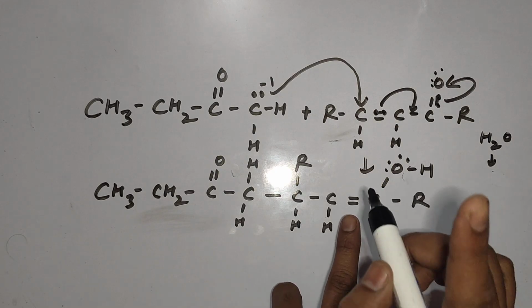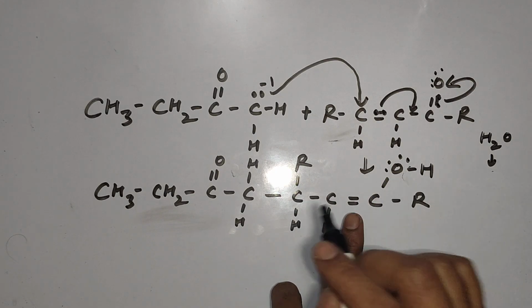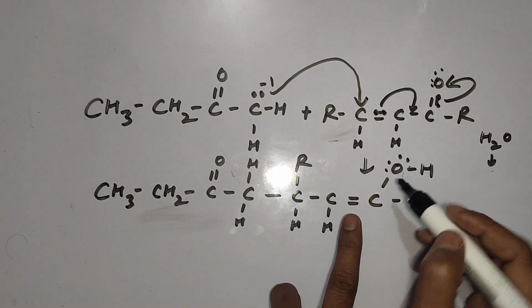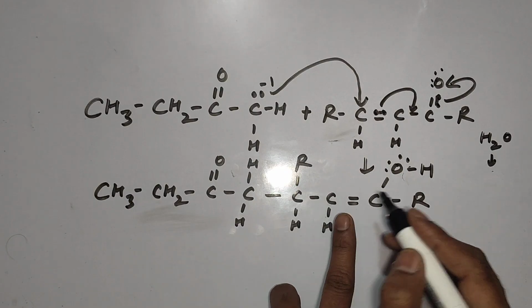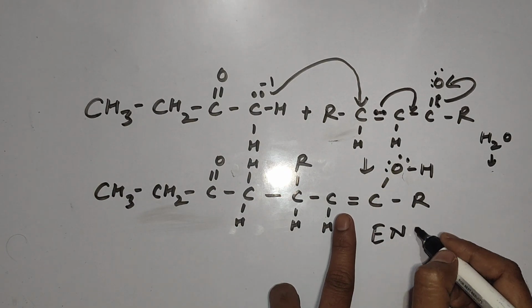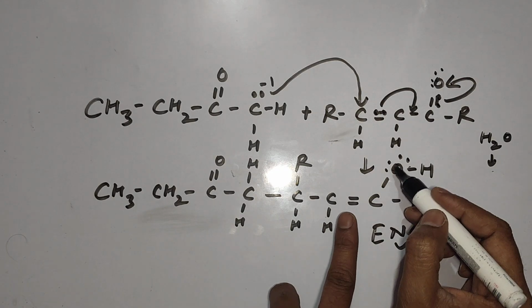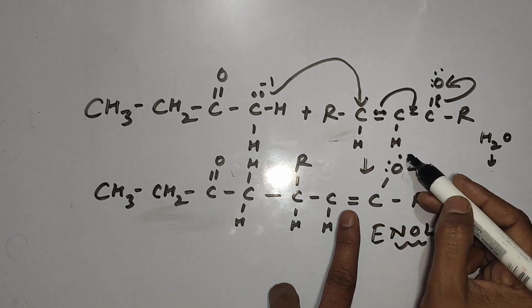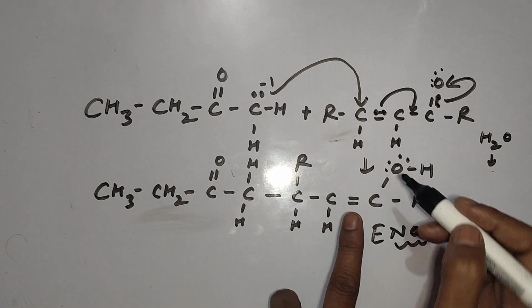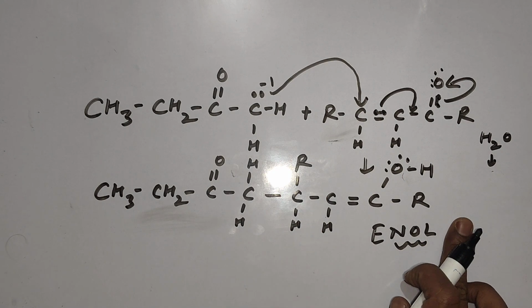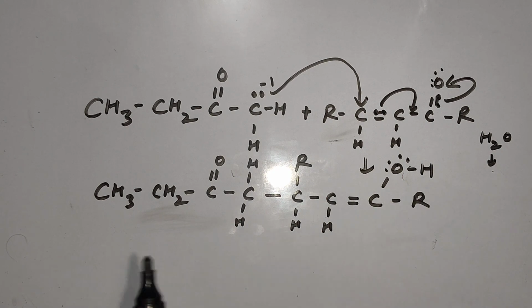This condition in organic chemistry we call the enol condition: OH, alcohol, and double bond. The enol condition is highly unstable because pi bonds and oxygen lone pairs are very close. Steric hindrance is there, so the molecule rearranges itself. How? This is the highly unstable enol condition.